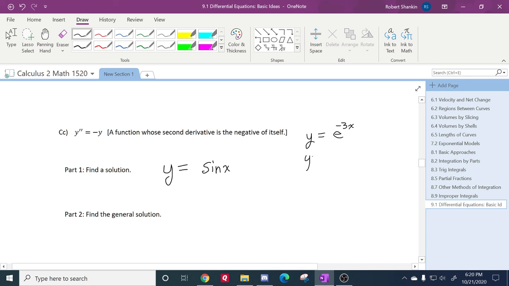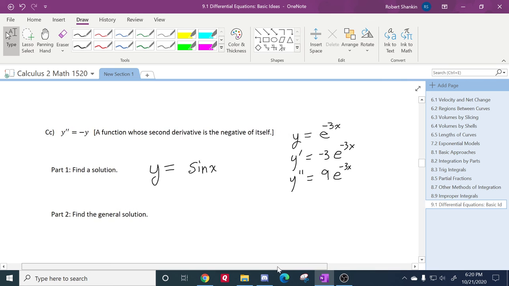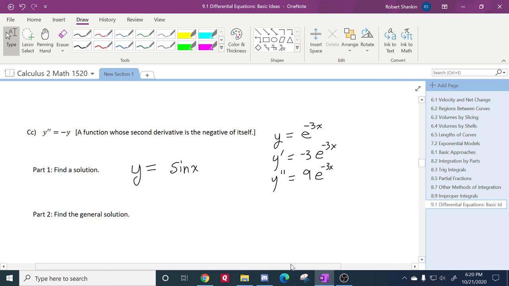If I take y prime, I would get negative 3e to the negative 3x. And if I take y prime prime, I get another negative 3 multiplying by it. And then they say, well, look at this. It's not the same. It's an extra constant. So maybe if it was just 1 instead of 3, maybe it would work.